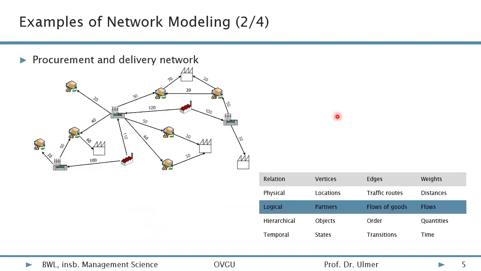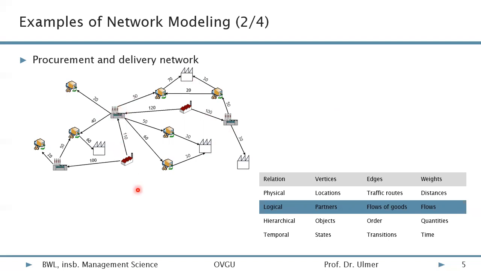Next example for a network is for procurement and delivery. Procurement means we need stuff. Delivery means we send stuff. And here, these locations in the network are not necessarily physically there. So this plant doesn't need to be right in the center of it.